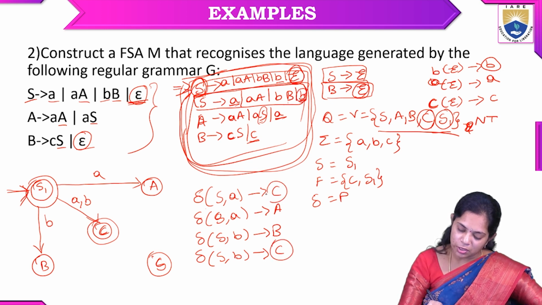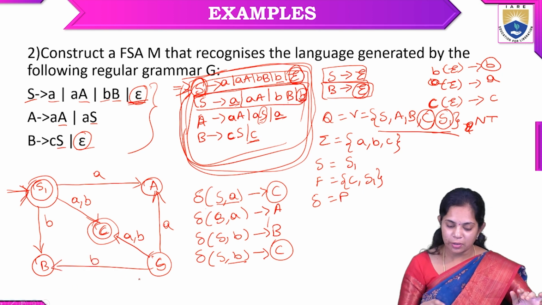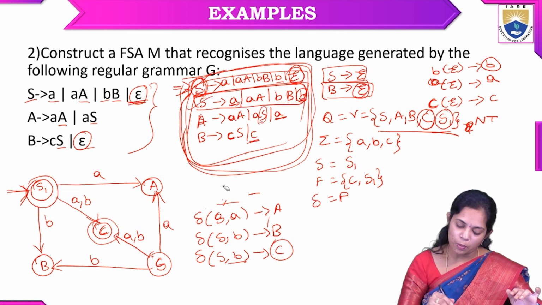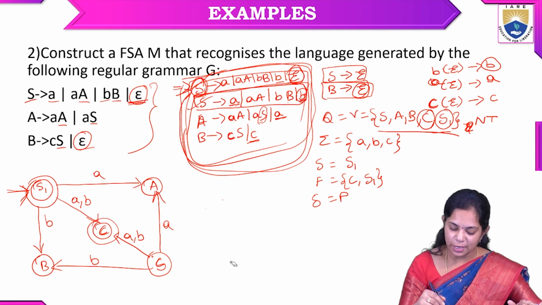From the state S, with input symbol A or B, it is reaching the final state. And the other two transition functions from the state S: whenever it has the A input symbol, it is reaching the state A, and whenever it has the B input symbol, it is reaching the state B. We finished S1 and S, and we have to take care of the two remaining production rules and convert them into transition functions.